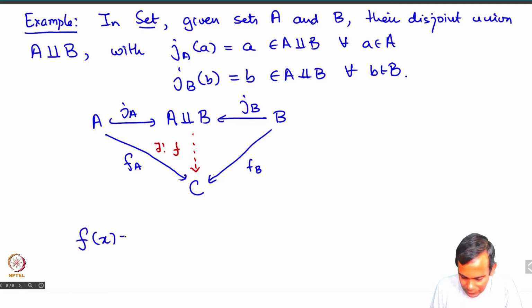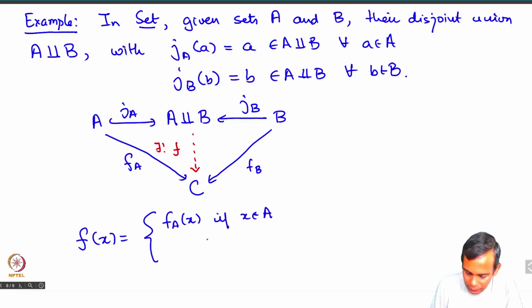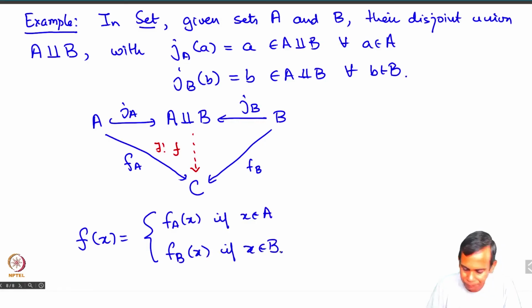F of x is equal to F subscript A of x if x belongs to A, and it's equal to F subscript B of x if x belongs to B.